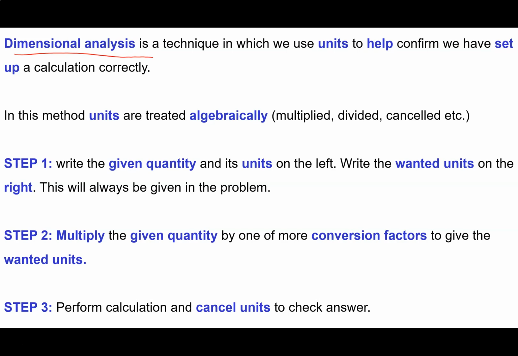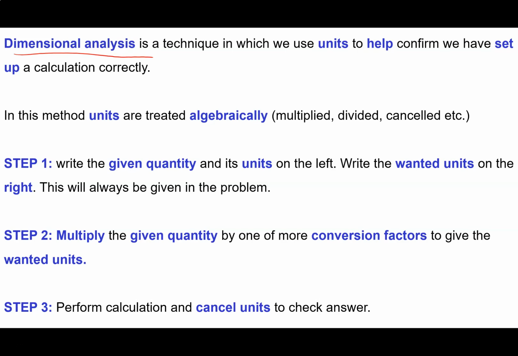Then what you're going to do is take the quantity that you were given, and multiply it by one or more conversion factors, sometimes up to 4, that ultimately lead you to the units that you want. And so what are these conversion factors? They're fractions, right? They're fractions that have the same size thing on the top and the bottom, but with different units.